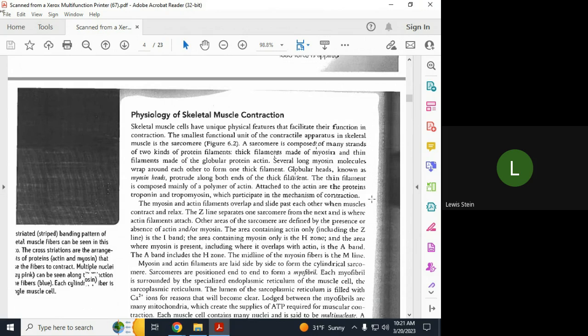The troponin and tropomyosin, which we're going to see shortly, they're the regulatory proteins, regulatory in that they control whether or not motion occurs. The tropomyosin is a strand-like protein that covers the active sites on the actin. Remember, actin is filamentous, but it's composed of little globules in that sort of double string of pearls appearance that we're so familiar with.